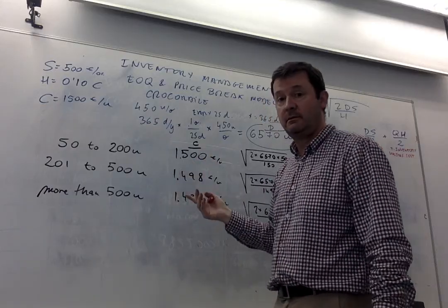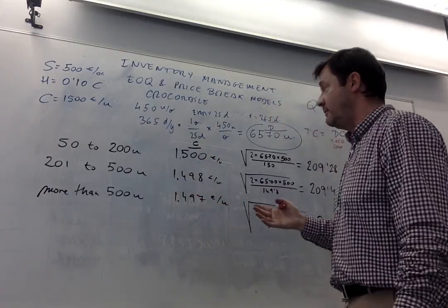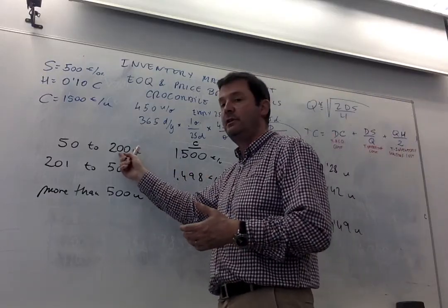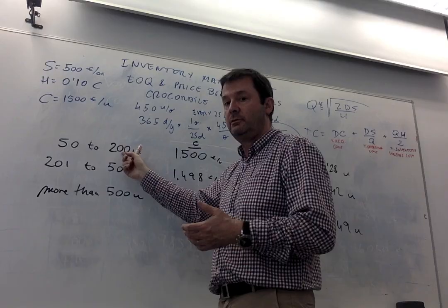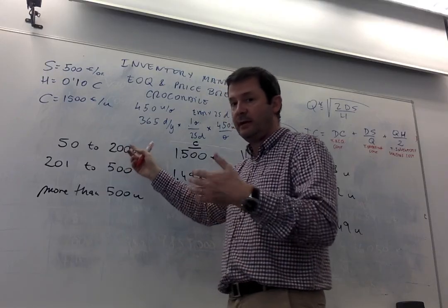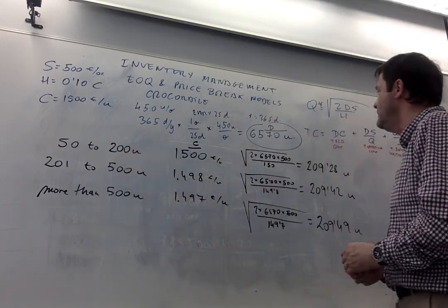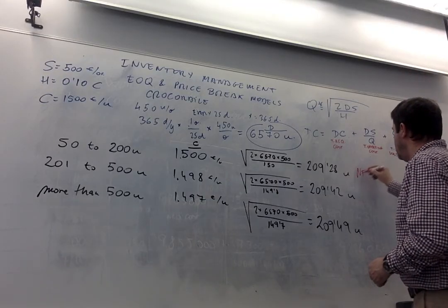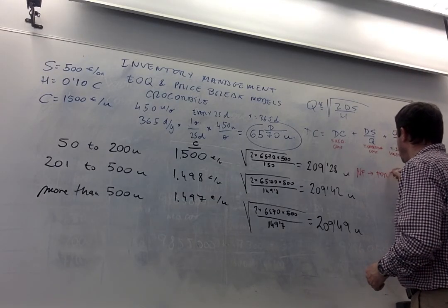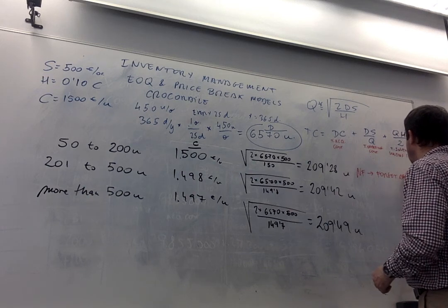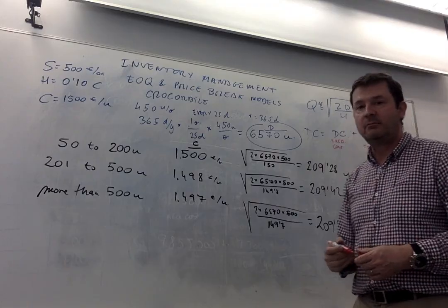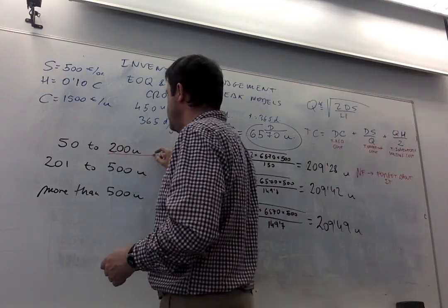So forget about it. If you want, you can try to use this in the total cost equation and see what you get, but I tell you that it doesn't work well. So in this case, it's not feasible, and we forget about it because it's above the maximum of the range.